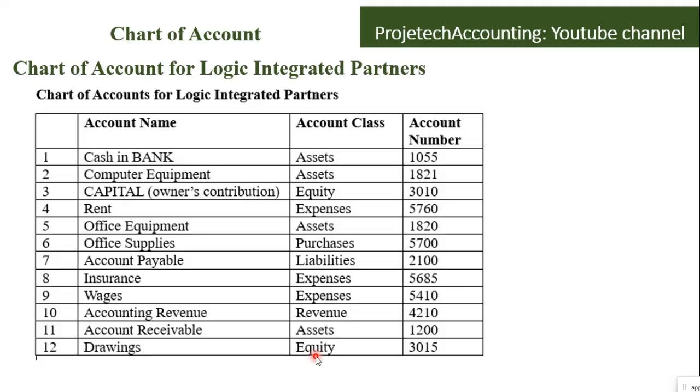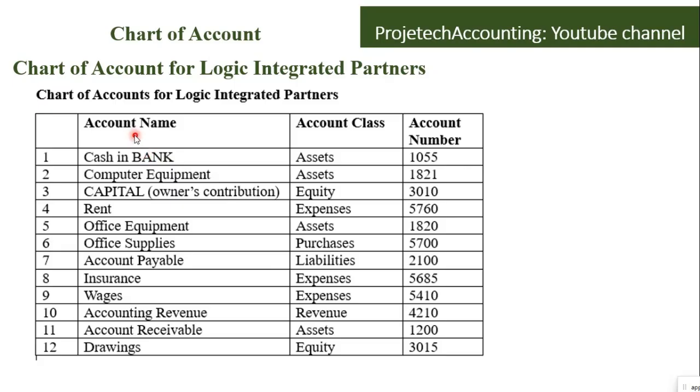So in this video, we're going to set up the chart of accounts for Logic Integrated Partners. From our previous video, we have already set up the journal for this Logic Integrated Partners chart of accounts.